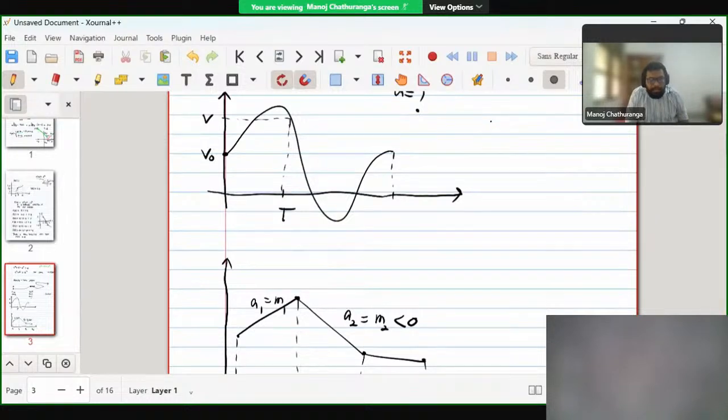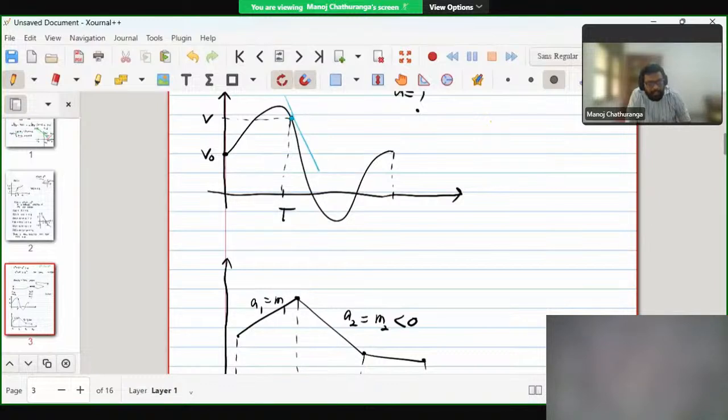But when you have a nonlinear graph, like a curve, what can we do? Here, if you want to measure the acceleration at this point, this is not a line, this is a curve. So what you can do is think of the line that approximates the graph at this point. That means the tangent line to the graph at this point.